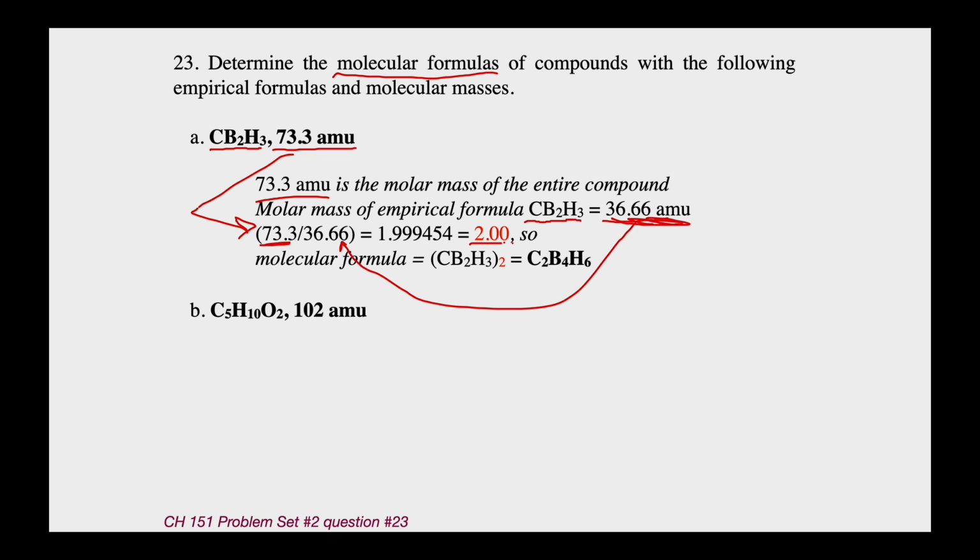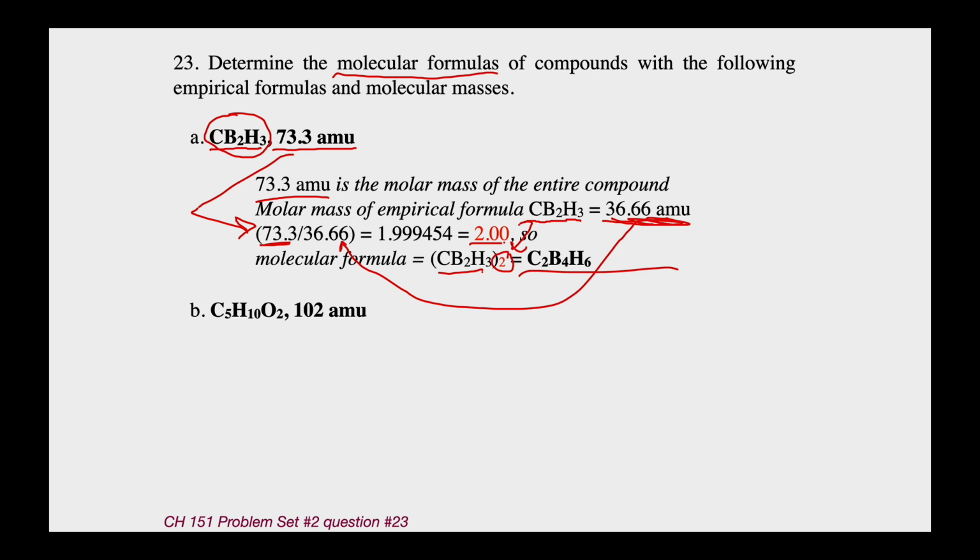So we're going to take the empirical formula twice based on this ratio. That means the molecular formula of the whole thing is twice the empirical, or C2B4H6. Again, how this worked: we figured out the molar mass of this part right there, and that came out to be 36.66.